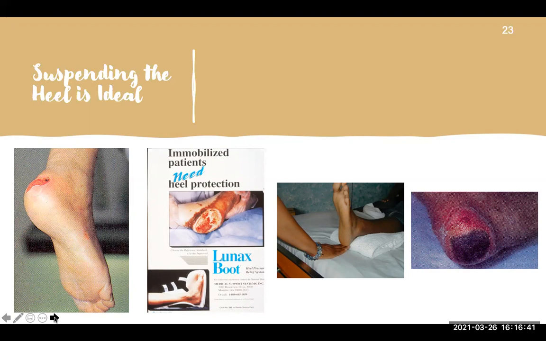The donut device was good to relieve pressure on the sacrum, but the places that the skin adhered to the device became breakdown areas. So that's why donut devices are not safe to use. They caused more ulcers than they prevented.